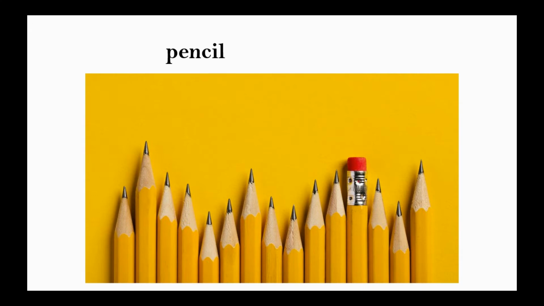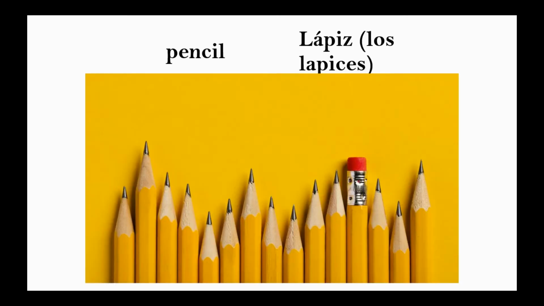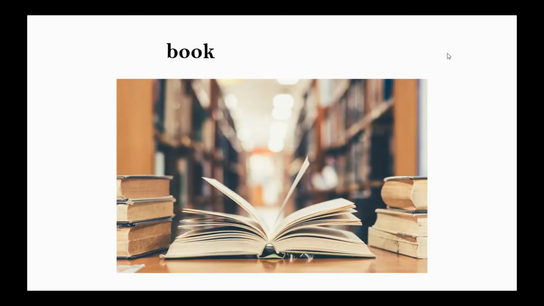Should be los lápices with a C. And it drops the accent. So it drops the accent when it's plural. There we go. Lápiz, lápices. So the Z becomes a C, and that'll always happen in Spanish. So if a word ends with a Z and you make it plural, the Z will become a C all the time. Libro.